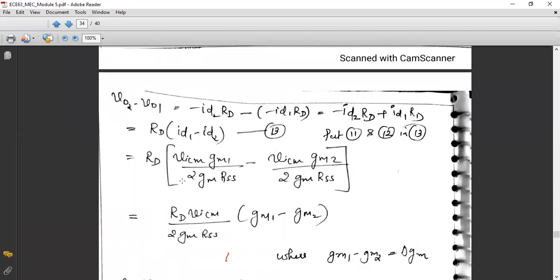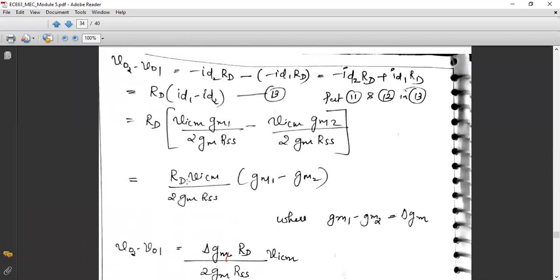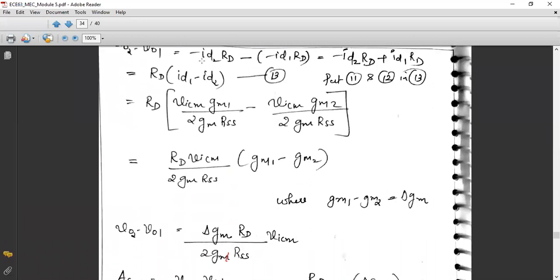Take VICM outside. And what is this GM1 minus GM2? GM1 minus GM2 is the change in the transconductance, which can be written as delta GM. Okay, so this term can be represented as delta GM.